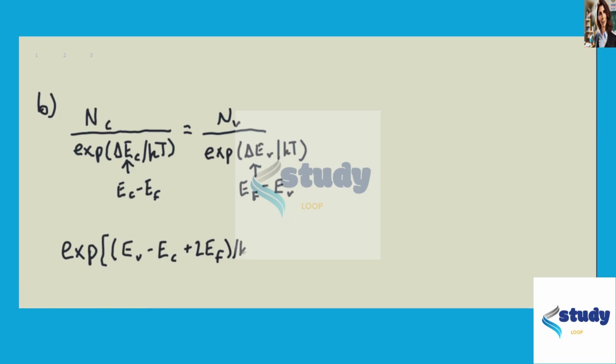Over KT is equal to the ratio of our numbers of states. So we take the logarithm of both sides, and that gives us our log of NV over NC. We have the difference here that becomes the sum of these two, and that also goes over here, and then we divide by 2.